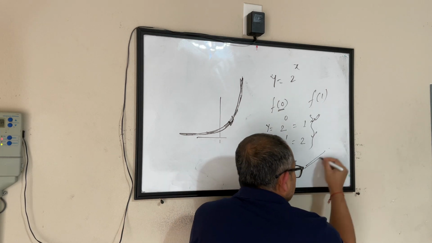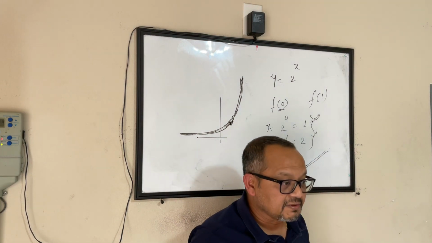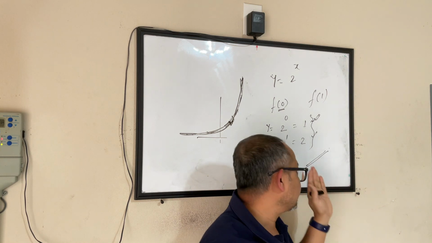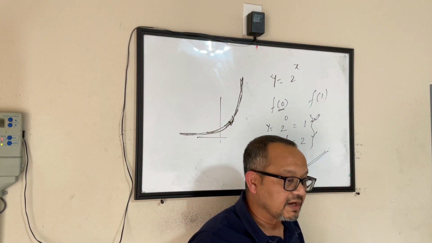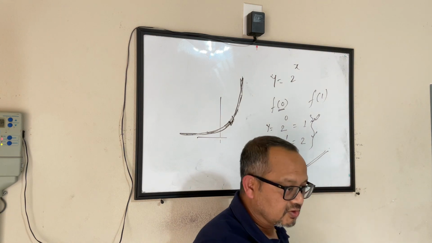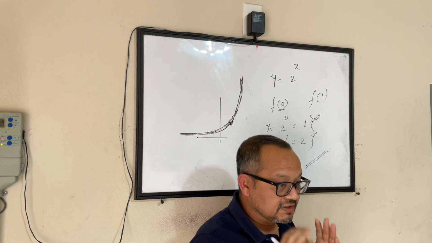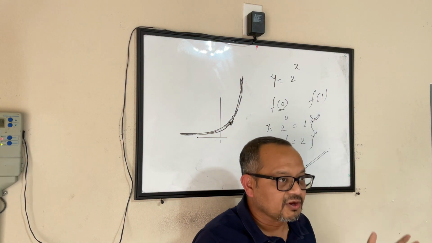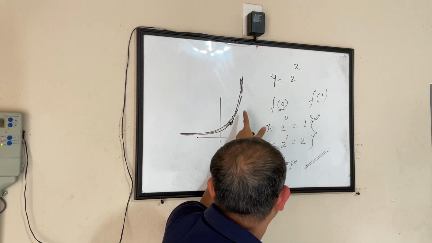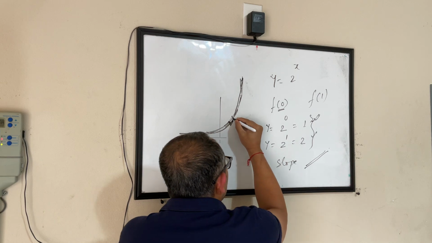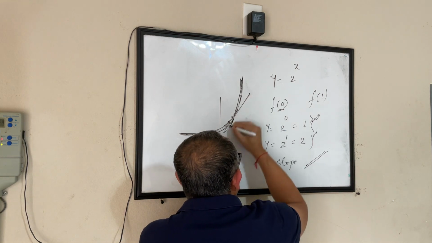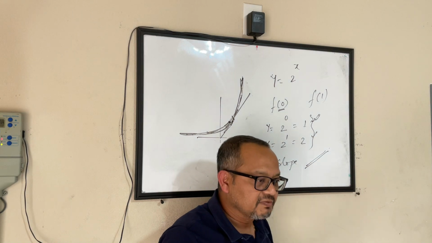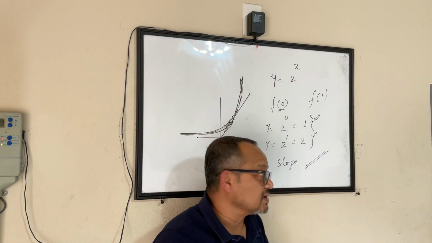So slope is positive. Is there any absolute value for this? That is outside the purview of this class. We will not try going there. When we learn calculus, that is when we will talk about it. Just in terms of wrapping your head around this one, slope of the function at any point would be the slope of the tangent at that point, and that we will cover when we learn calculus.